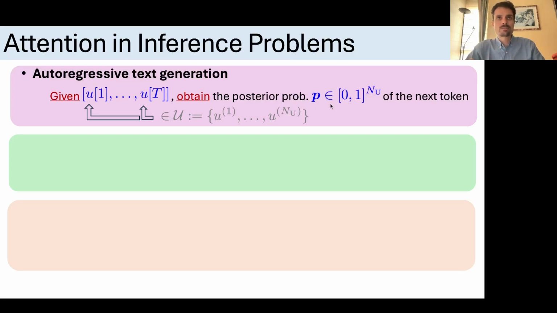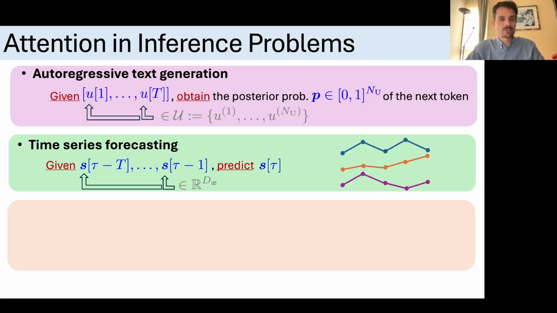So there are other problems that are of a similar form. For example, the problem of time series forecasting, where the goal is to predict the next vector in a sequence. Okay. And another related problem is function estimation.